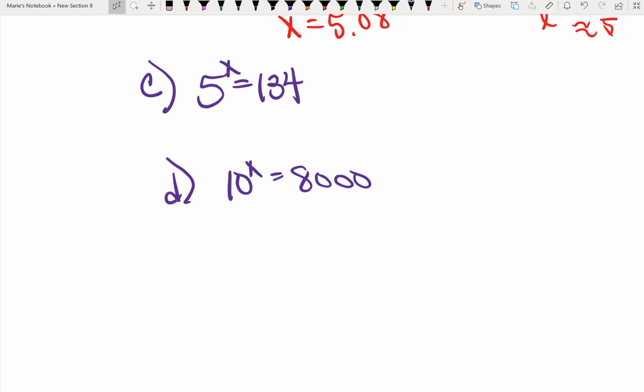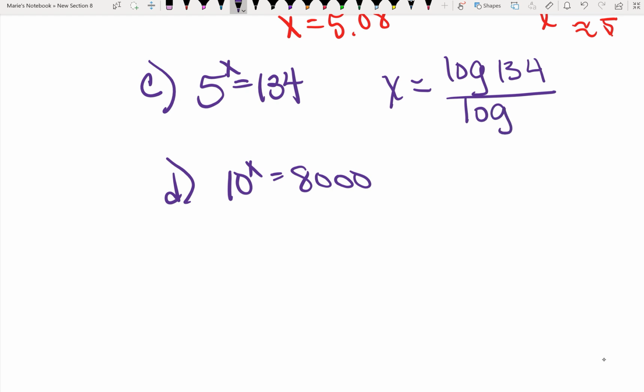I want you to remember that 5 times 5 times 5 is 125. That means 5 to the third is an approximation. And so again, x is equal to the log of 134 divided by the log of 5.